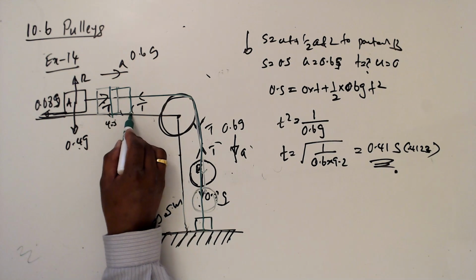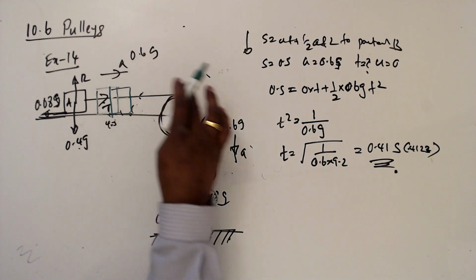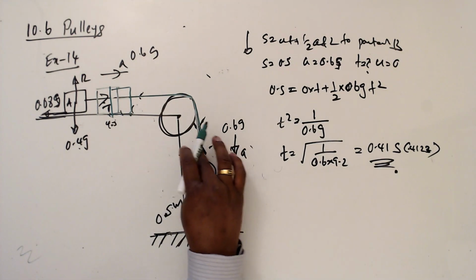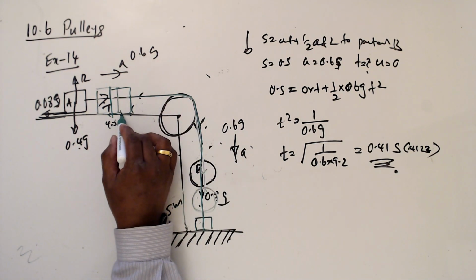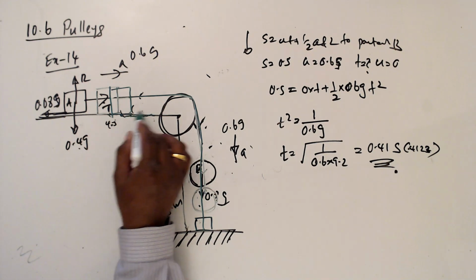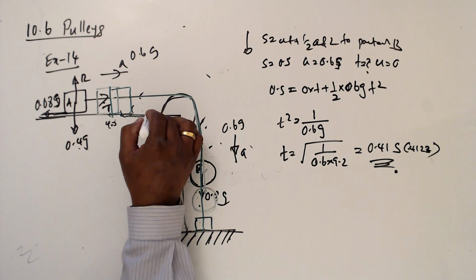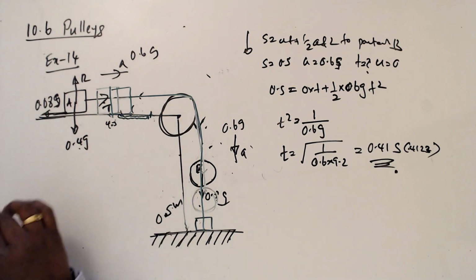Then just after the hit, this tension becomes 0. Then there is no tension anymore, and this one is freely moving after that. And it may stop somewhere here. So it is freely moving and stops somewhere here.